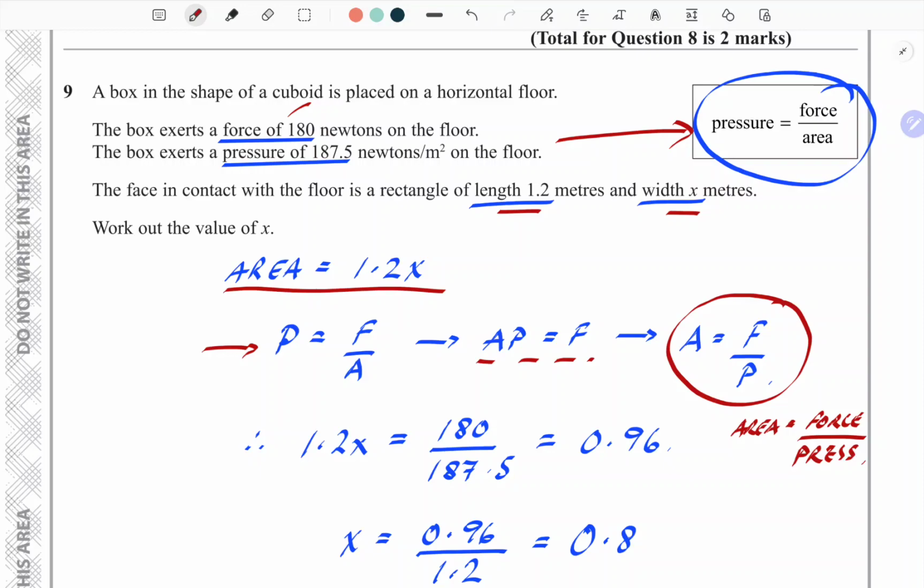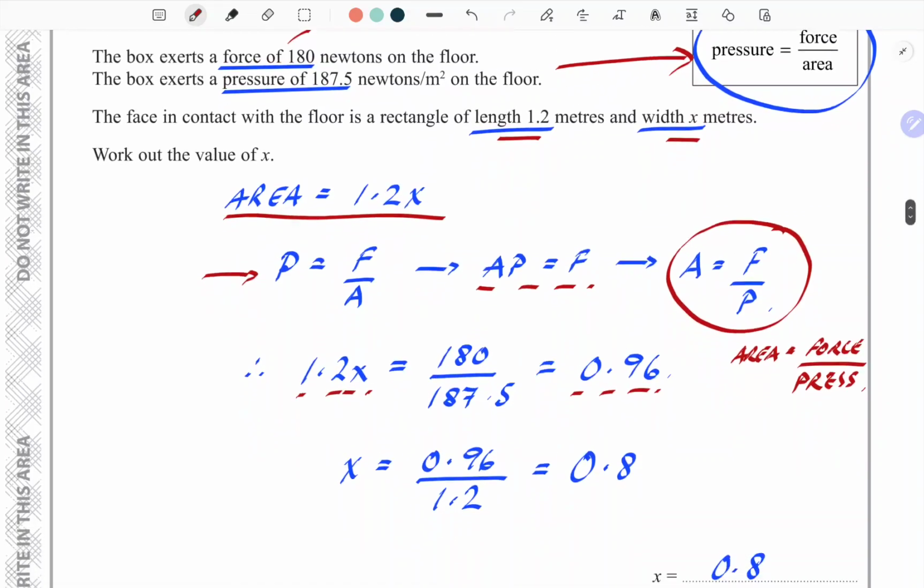Okay, and put the numbers into it now. So we know that the area is 1.2x, and that must equal 180 newtons for the force, divided by the pressure, which is 187.5 newtons per square meter, and that gives you 0.96.